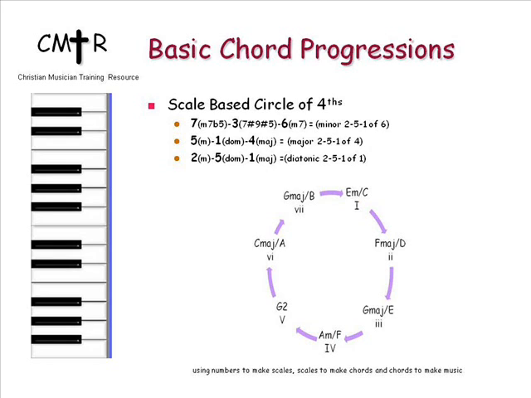In this progression, the 3 will be added, 1 dominant 7th will be added, and a 5 chord will be added between the 2 and the 1 at the end of the song to create the 7-3-6 and the 5-1-4 and the 2-5-1 combined.